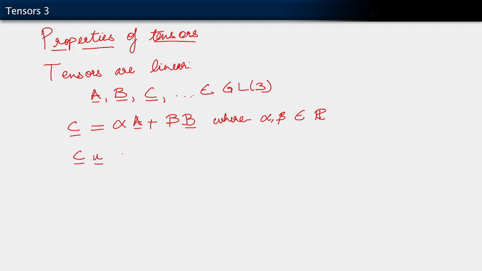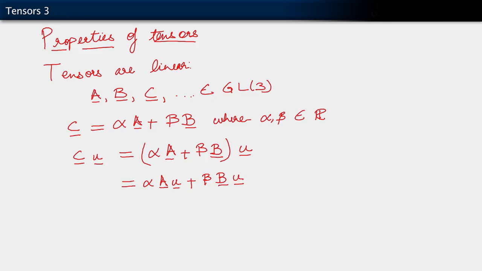Okay? So C acting on U should be alpha A plus beta B acting on U. And to define this action, we say that this is simply alpha AU plus beta BU.